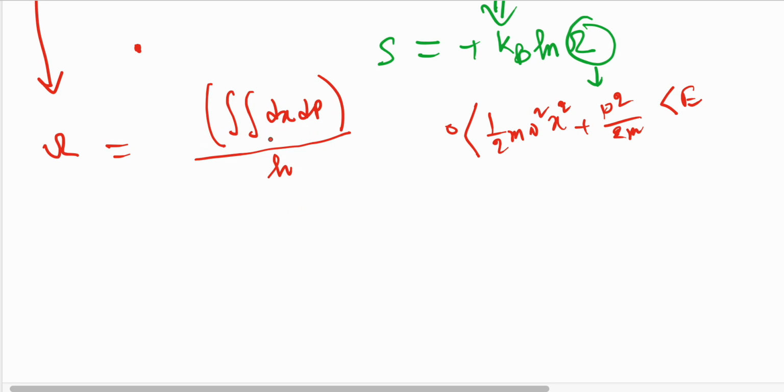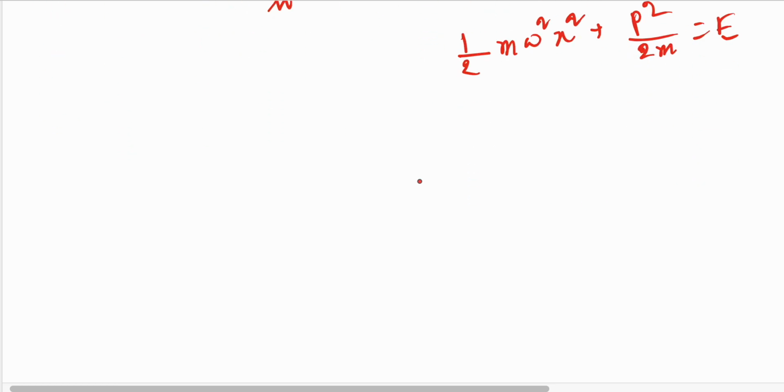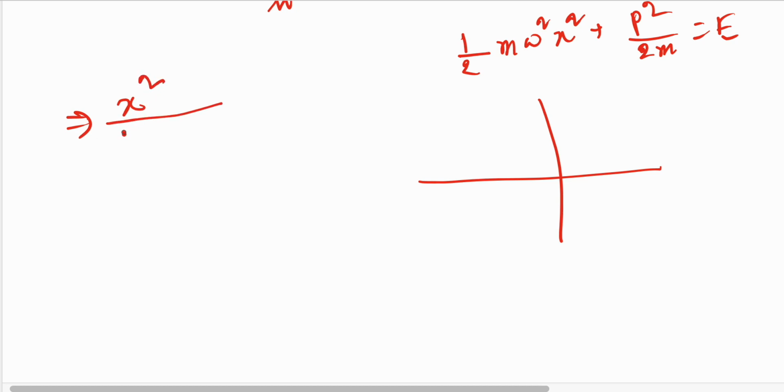Now this integration is the area of this curve. If you write it in this way, (1/2) m omega square x square plus p square by 2m equal to E, you can draw an ellipse. x square by 2E by m omega square plus p square by 2mE equal to 1.